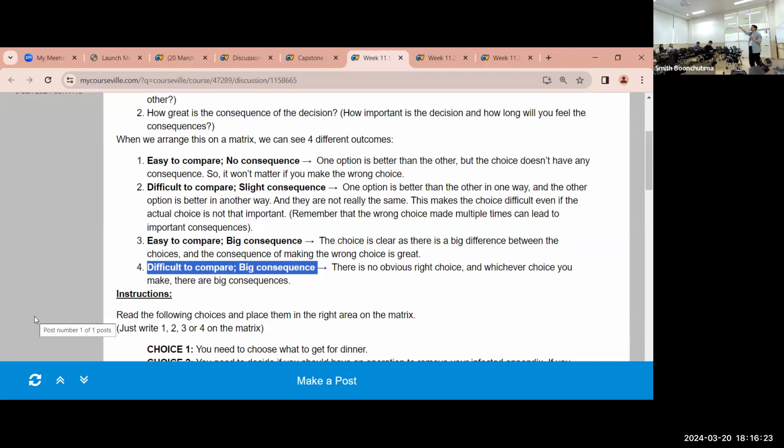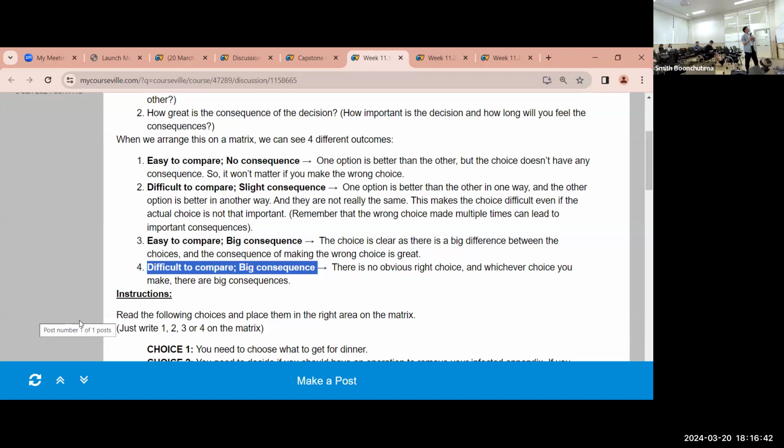Okay, this is very difficult to compare. You are right. And if you choose the wrong one, oh, it has got 4-year consequences. Right. Okay, good. Thank you very much.